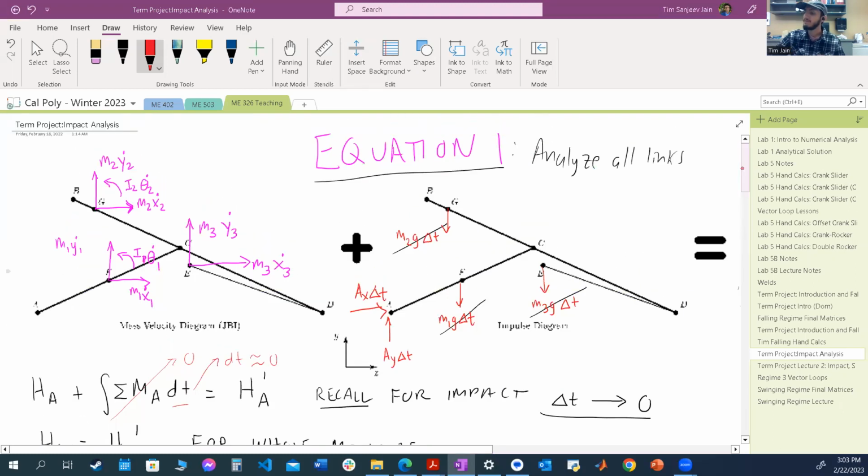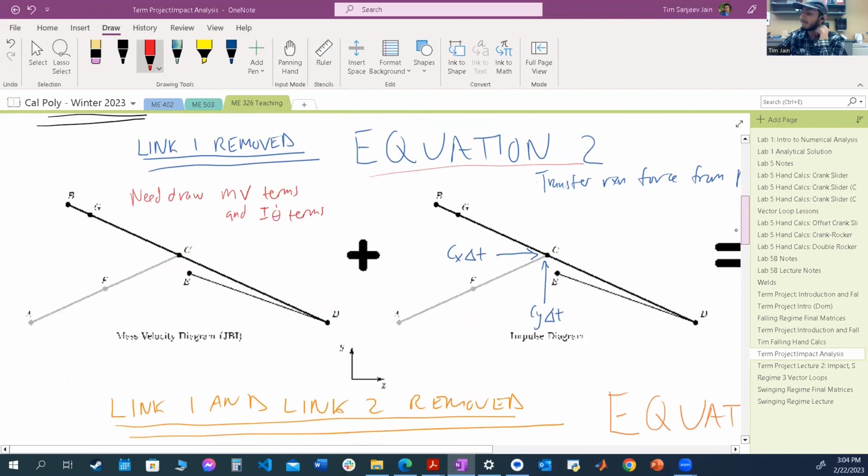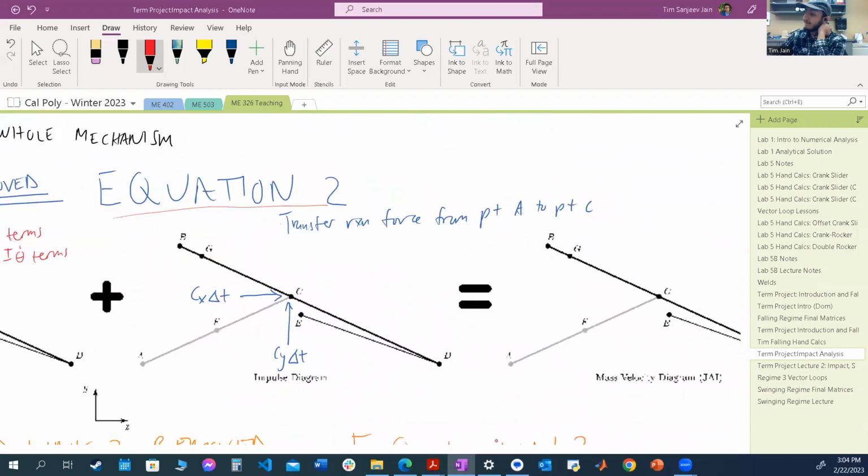And remember, I3 is equal to 0. Theta dot 3 is not 0, because it's a state variable. So you transfer the reaction force from point A along here to point C, because link 1 is removed.